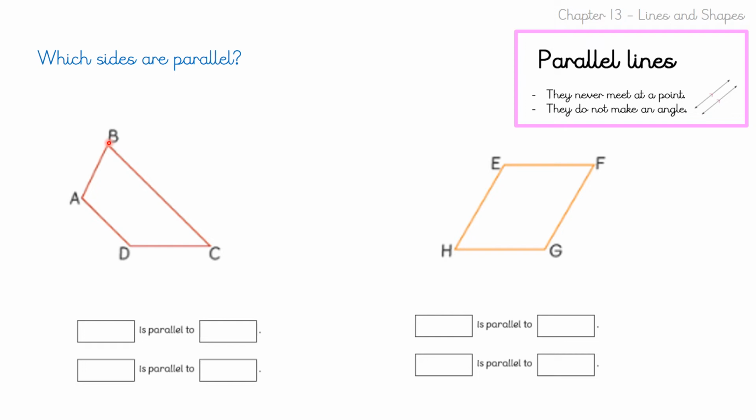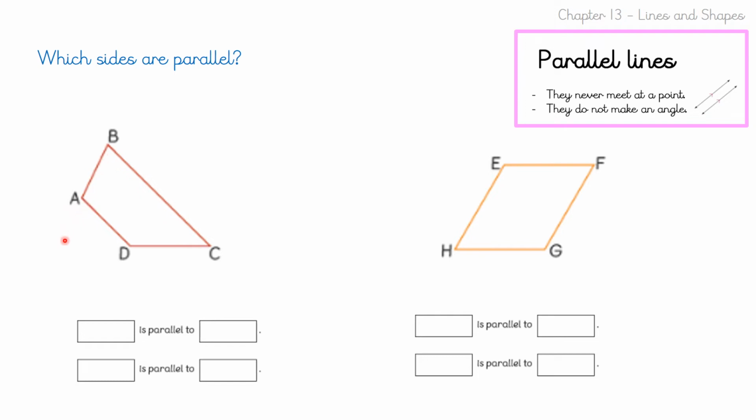So I'm going to extend AB all the way down here, and I'm going to extend CD all the way across to the left. So do you think AB and CD will meet at a point? Do you think at some point they will meet and form an angle?